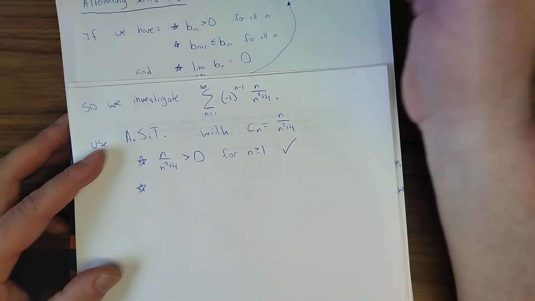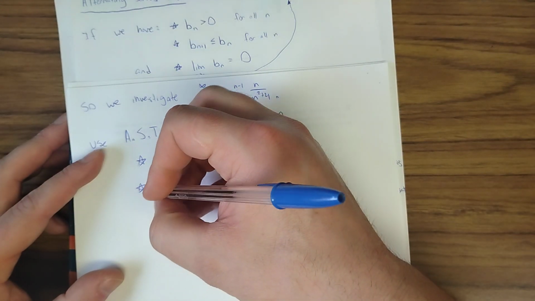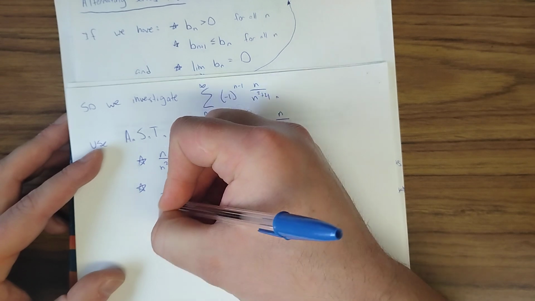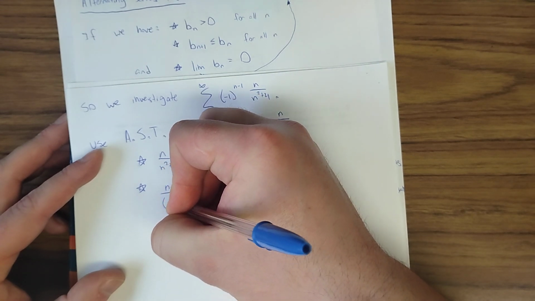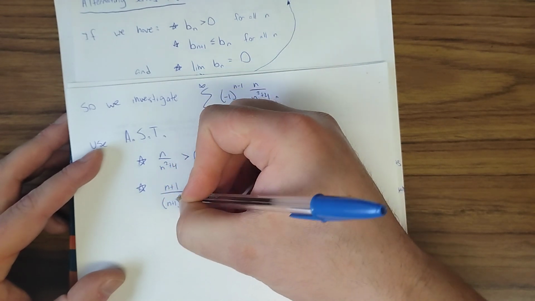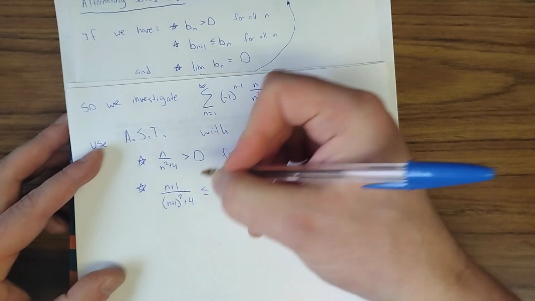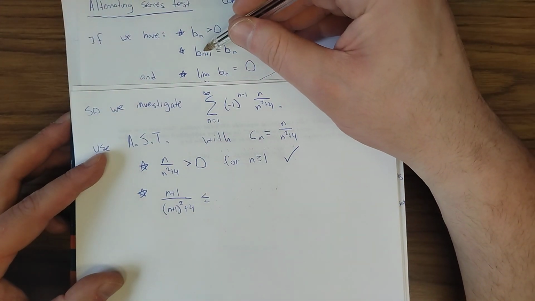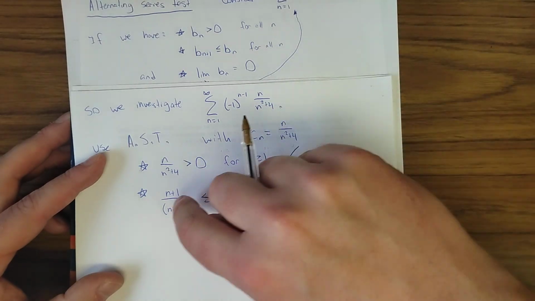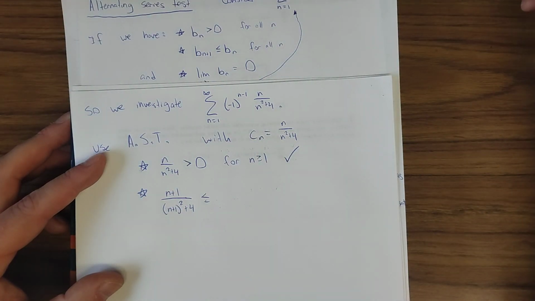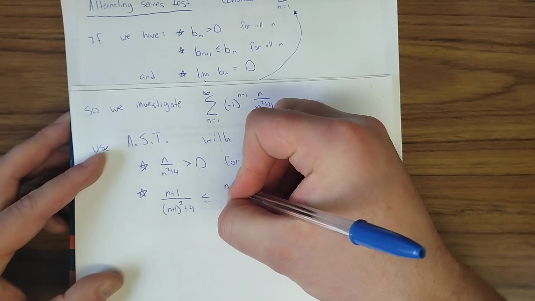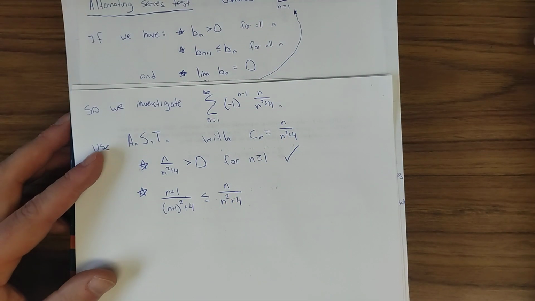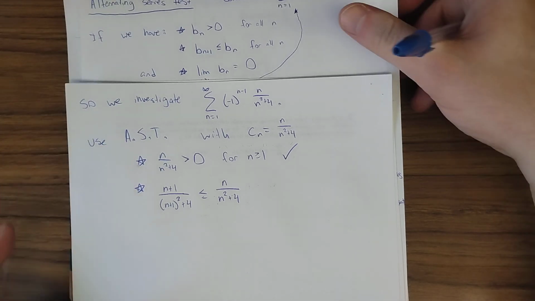Let's talk about the next one. Let me just write down what it would say. So here is my c sub n plus 1. I just took my c sub n and I replaced all the n's with n plus 1's. And I'm hoping that that's less than or equal to c sub n.